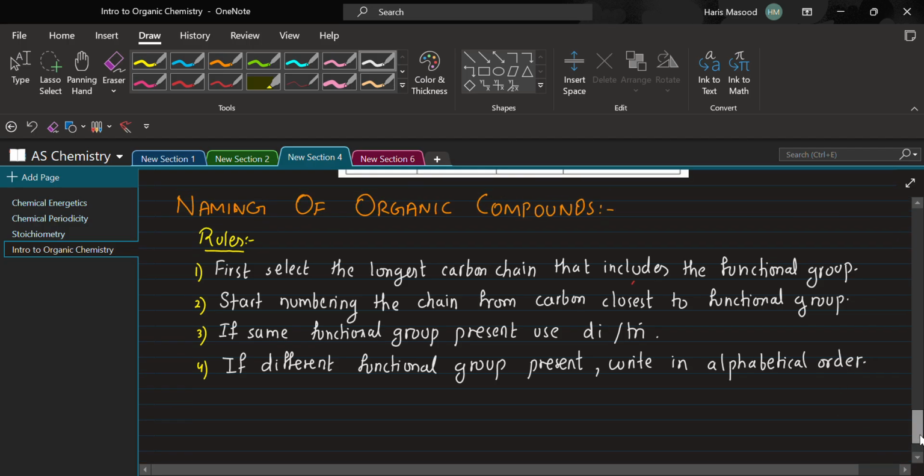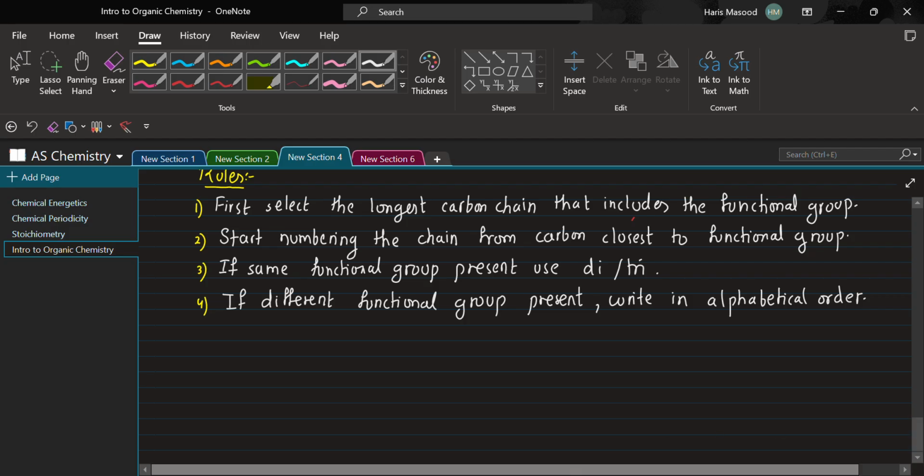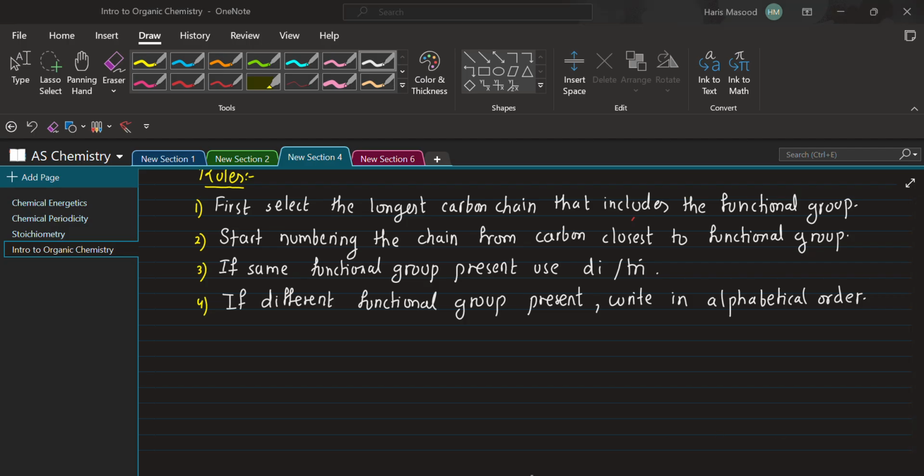These are some 4 rules that you should remember while naming the organic compounds. So let us see example number 1.